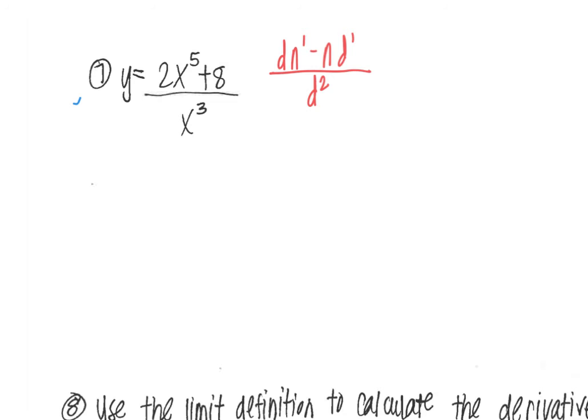So this is the division rule. Let's go ahead and label some things out. Denominator is x cubed. Derivative of the denominator is 3x squared. Numerator is 2x to the 5th plus 8. Derivative of that numerator is 10x to the 4th.